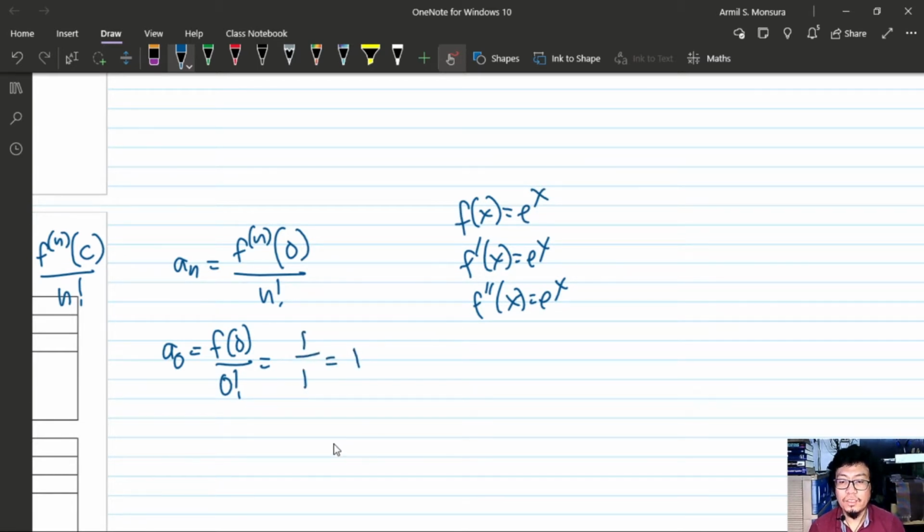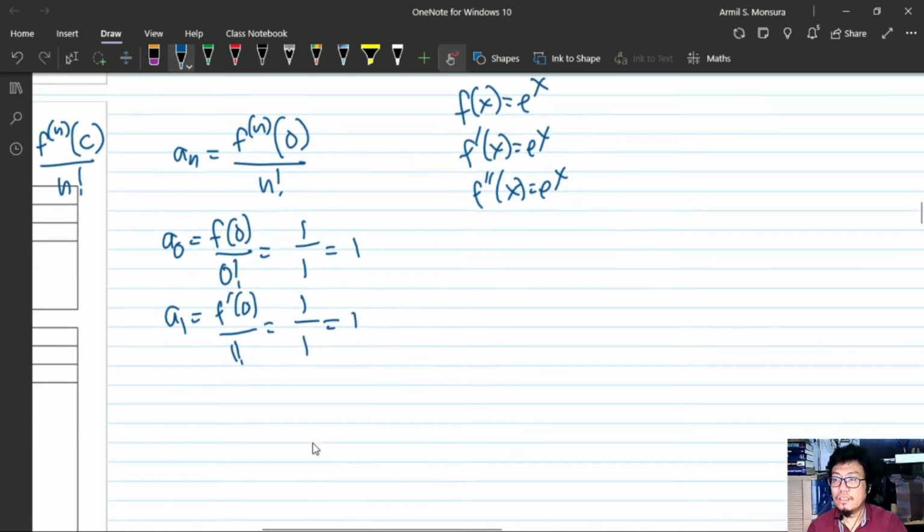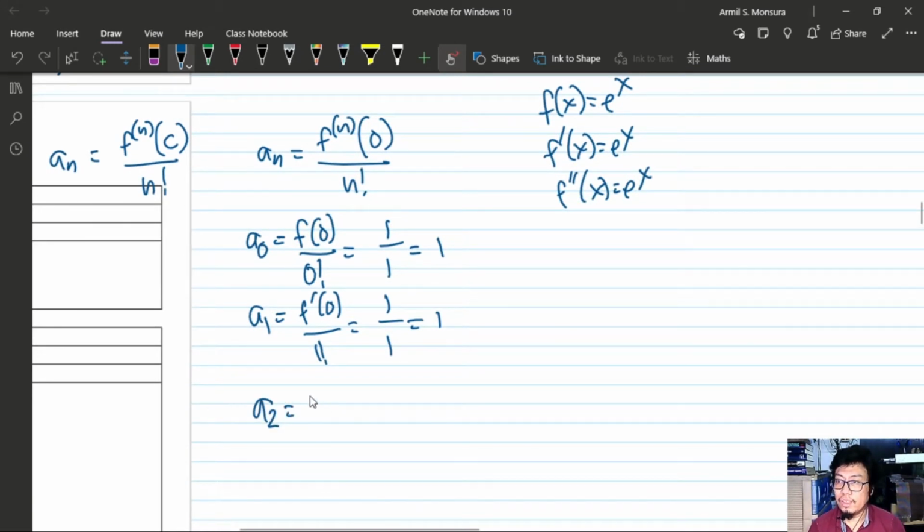So a0 is 1, as we were able to determine in an earlier example. So a1 is the first derivative of f at 0 over 1 factorial. Again, f prime of 0 is e raised to 0, so that's 1. 1 factorial is 1, so this is still 1. So a2 equals f double prime of 0 over 2 factorial. f double prime of 0 is still e raised to 0, so this is 1 over 2 factorial, which is 2. So this is 1 half.